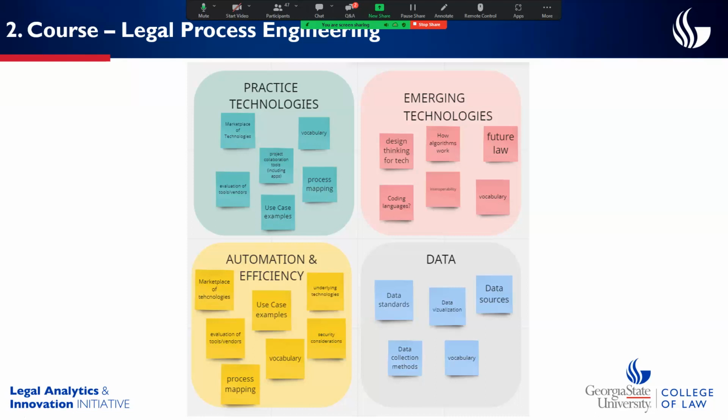The class is called Legal Process Engineering. Like Patrick said, it's our capstone class. It's generally a design thinking, project management class where we look at business skills, design thinking skills, and project management skills through the lens of using technology to solve legal problems or challenges in the operational practice of law.